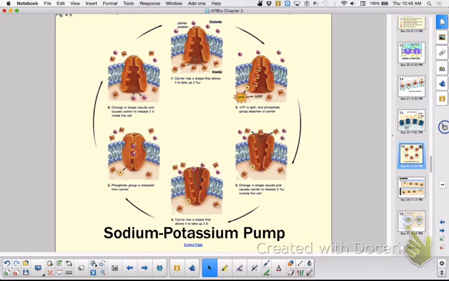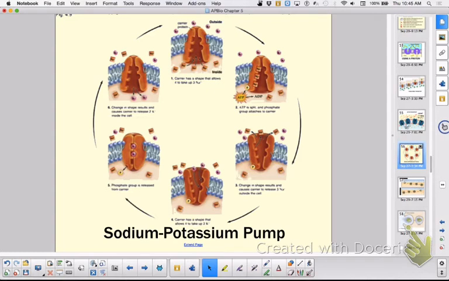So if I pump three sodium charges out, two potassium charges in, and I'm concentrating them on either side, which one's going to have more positive charges? The sodium side, the outside, right? And you're going to see that with nerve function, because the outside is going to be more positive relative to the inside. The inside is going to have negative ions, and that's going to set you up for an action potential. We'll be talking about that. And also leaky potassium gates, but that's another story.